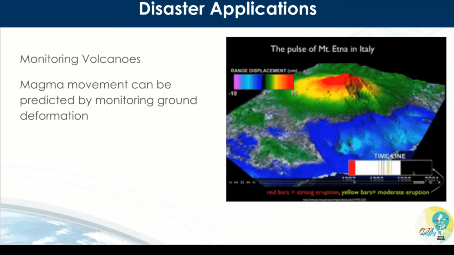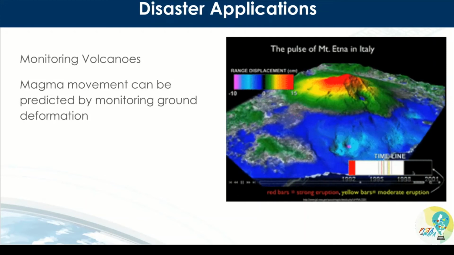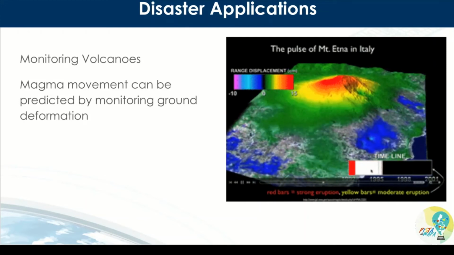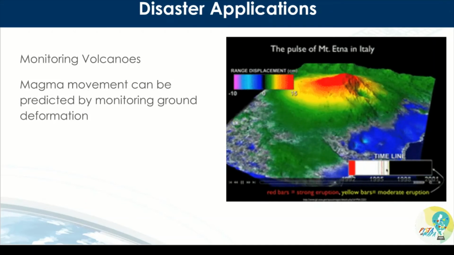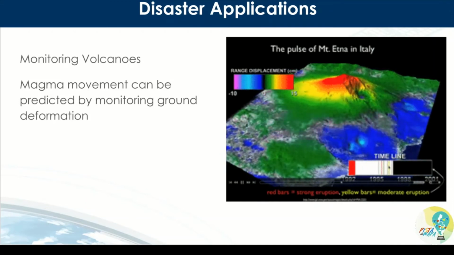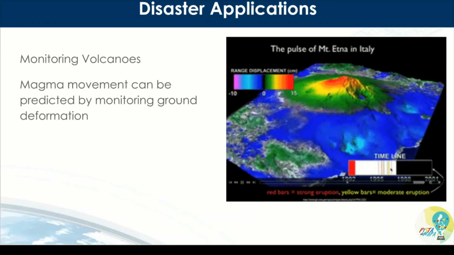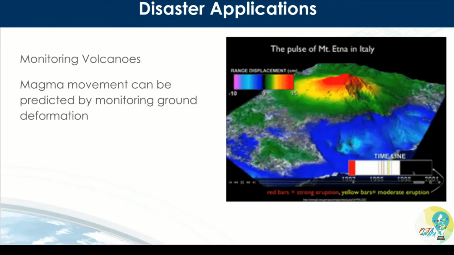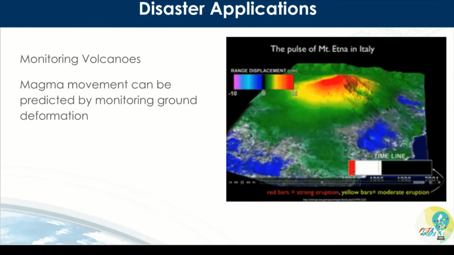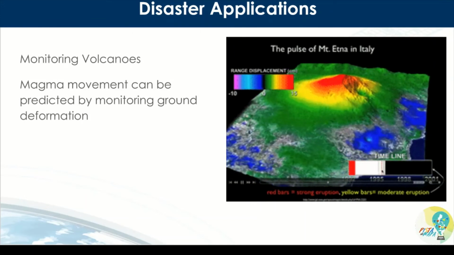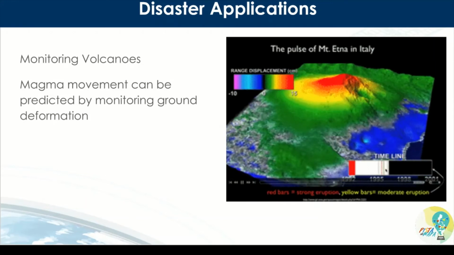This is Mount Etna in Italy, and you can see that the volcano is changing shape because of the magma underneath. For example, this could be applied to Taal, where you can monitor remotely and safely where the ground is rising or sinking.